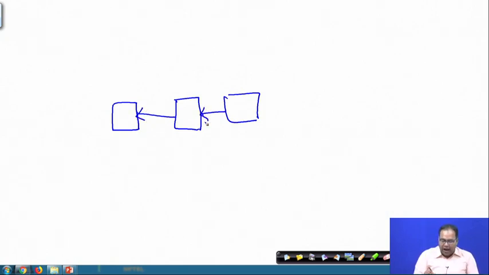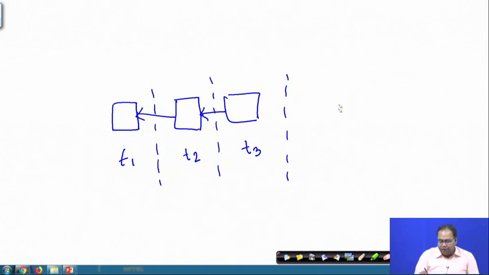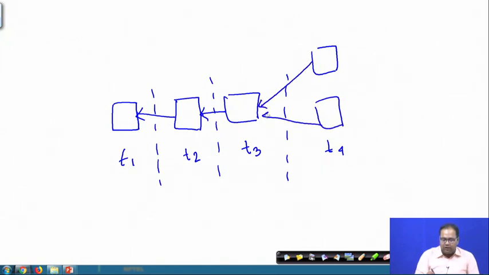This is at time instance t1, this is at time instance t2, this is at time instance t3, and then at time instance t4 two miners have found the same block. If two miners have found a block and both are valid blocks, then they propose those blocks to the peers, and if both are valid, they get propagated.